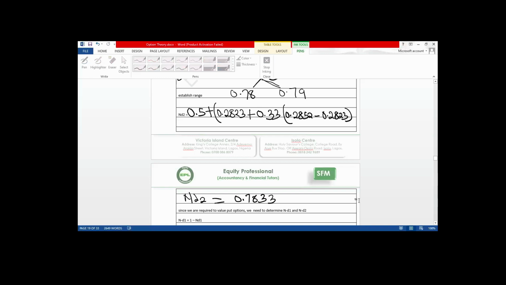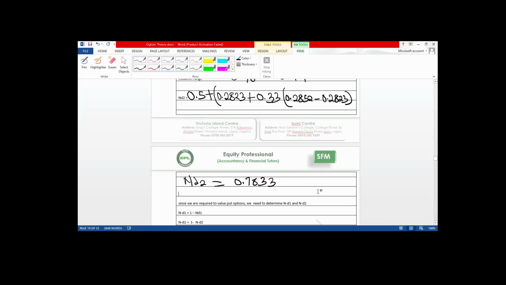Now, let us calculate the value of the call option. Let us remove this. We want to get the value of the call option first. Then we can use that value to calculate the value of the put option.